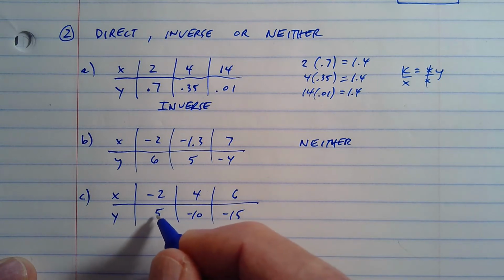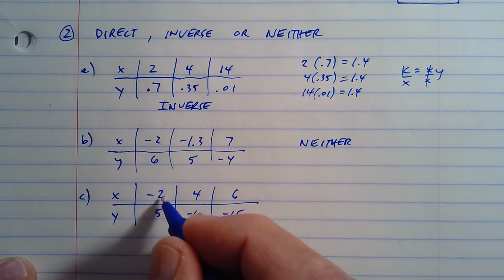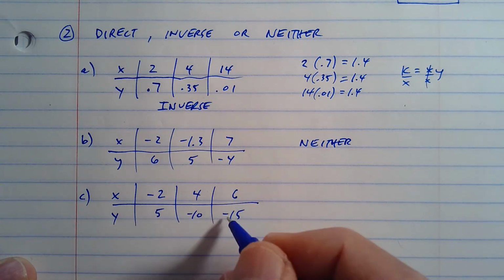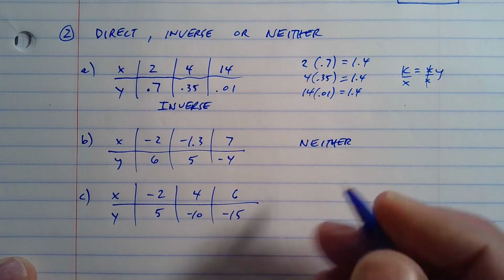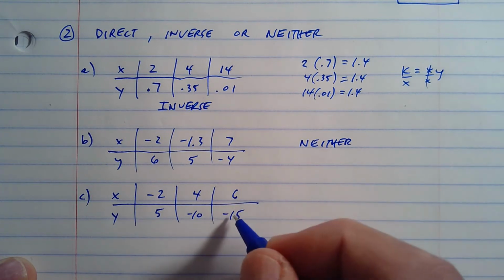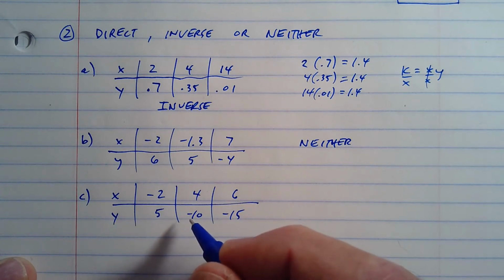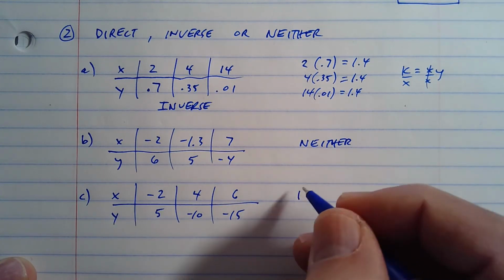How about the division? 5 divided by negative 2, that's negative 2.5. Negative 10 divided by 4, negative 2.5. And this one also, negative 15 divided by 6. So since the division of y by x keeps giving me the same amount, that tells me my constant of variation is negative 2.5 for a direct variation.